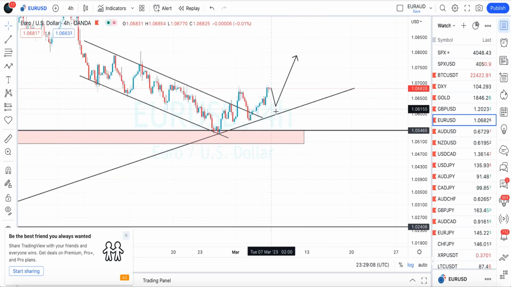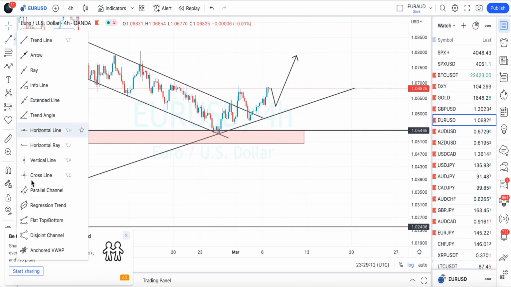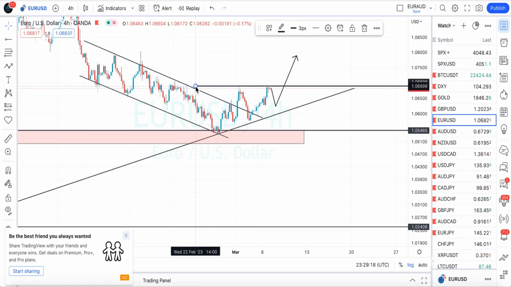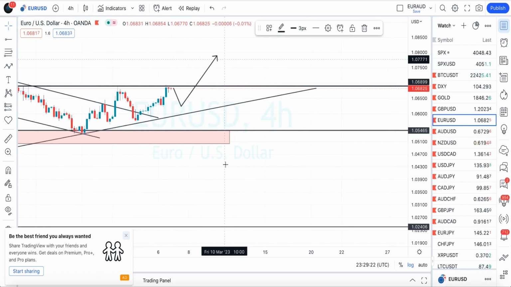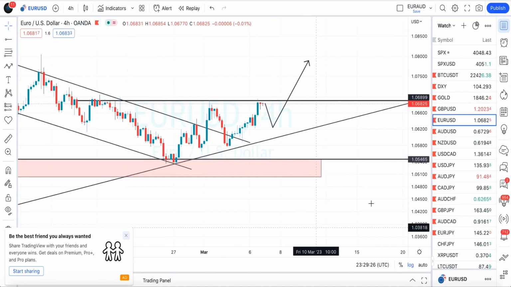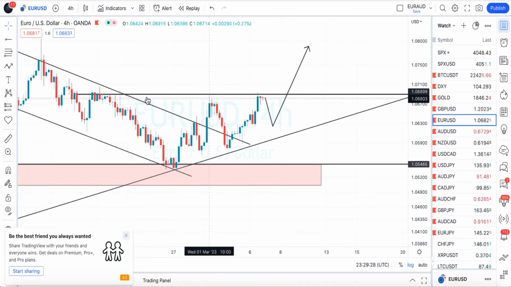So I'm still waiting for it to retrace to this side because, as you can see, we have a very solid resistance level at this area, which might cause it to do some retracement at that particular area. As you can see, this is a resistance area.